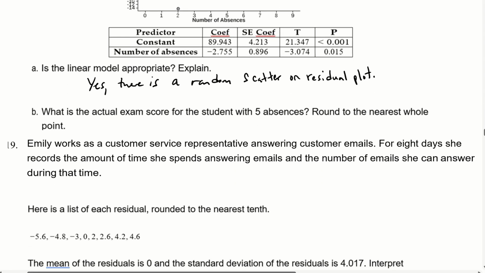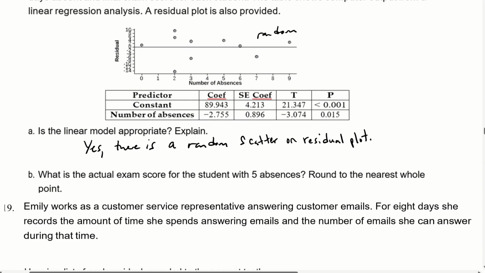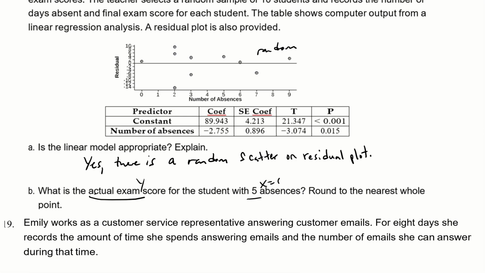All right, what is the actual exam score for the student with 5 absences? Round to the nearest whole point. The actual exam score, that's your y, for the student with 5 absences, so x equals 5.